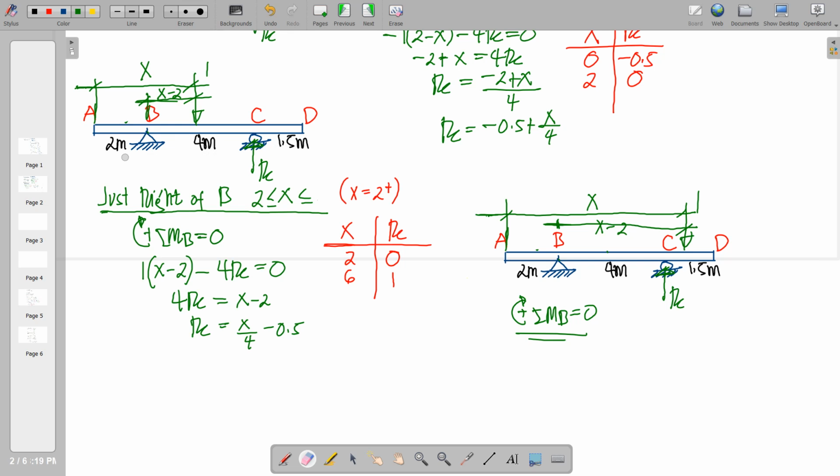So 4 plus 2 is 6, plus 1.5 is 7.5. So the limit could extend to 7.5, and it is just right of B.